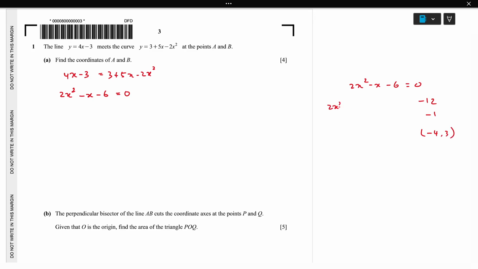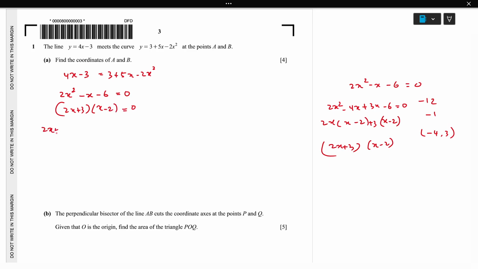So 2x squared minus 4x plus 3x minus 6 equals 0. That gives 2x plus 3 and x minus 2 equals 0.